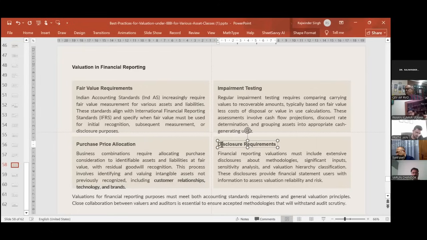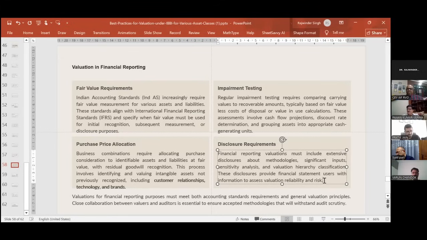Then for disclosure requirements, financial reporting valuation must include extensive disclosure about the methodologies, significant inputs, sensitivity analysis, and valuation hierarchy classifications. These disclosures provide financial statement users with the information to assess valuation reliability and risk.